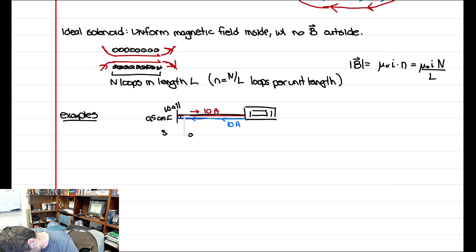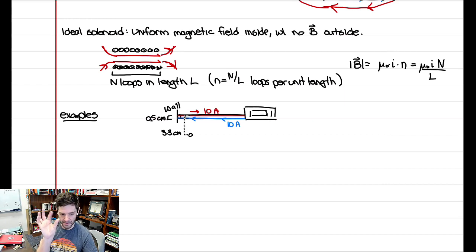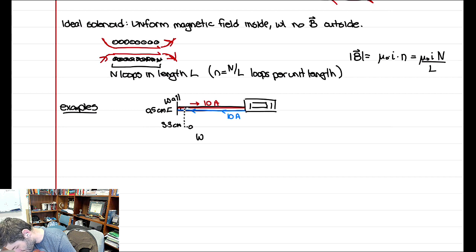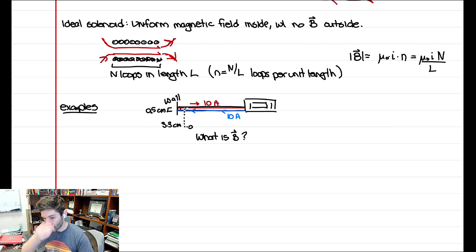So it's going to be a distance of 3.3 centimeters from the red wire, which means then the blue wire is a little bit closer to that point. What is the magnetic field? And I want to know magnitude and direction.